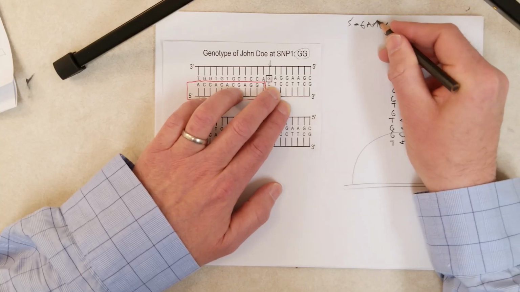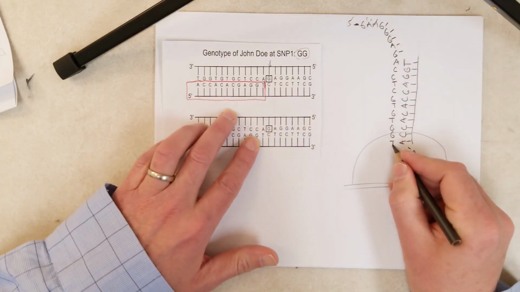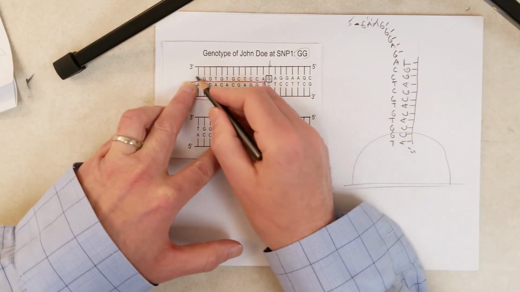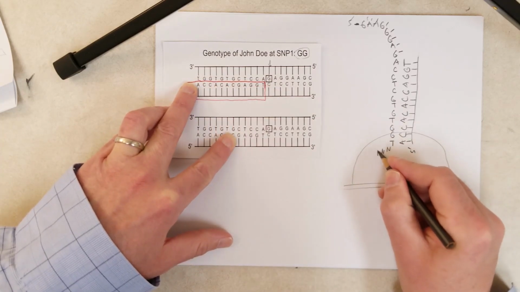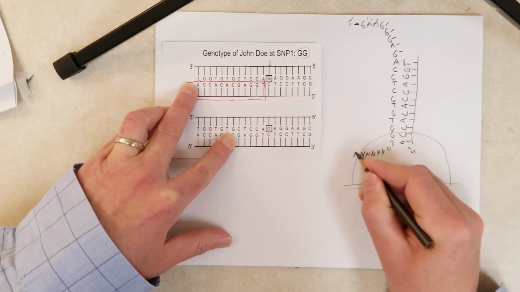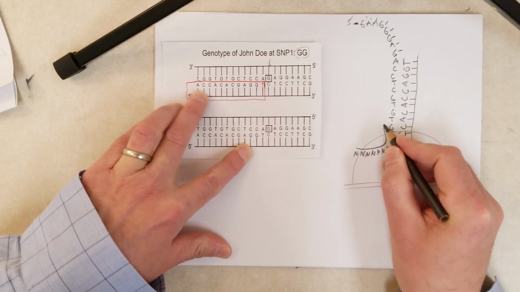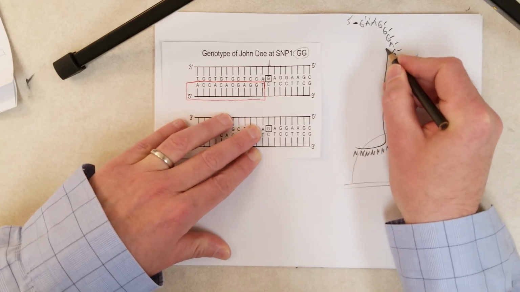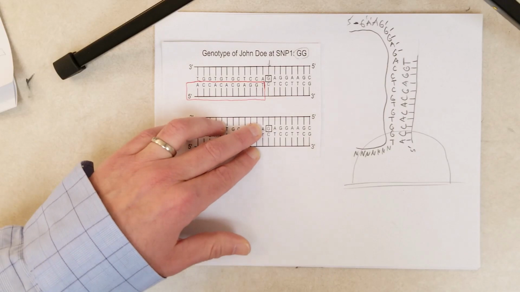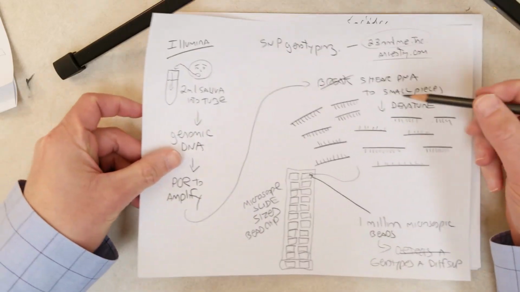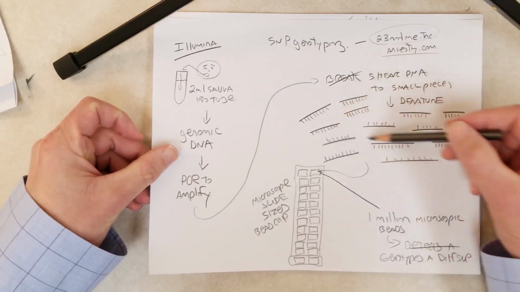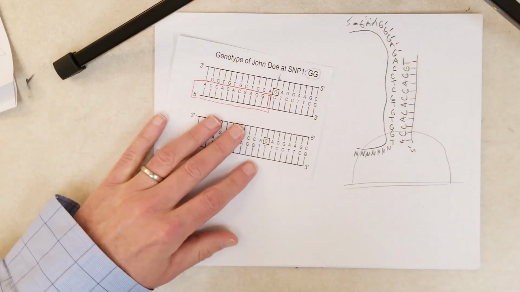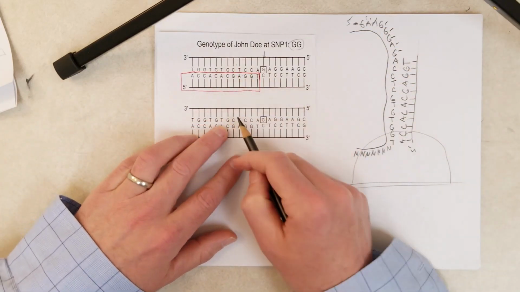And it's single-stranded. Now down here, this T right here, we don't know what the sequence is, so I'm just going to put Ns. Okay, so that's a piece of DNA that was floating around in the solution. A piece of one of these DNAs right here was from this part of John's genome, or this part down here.